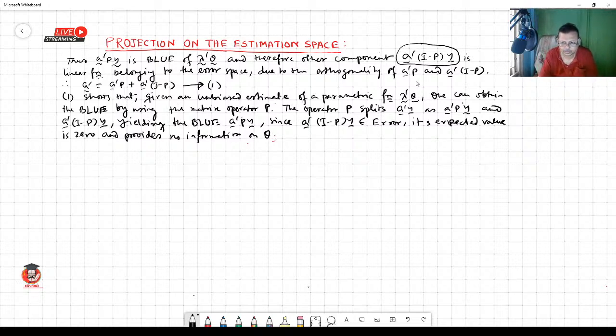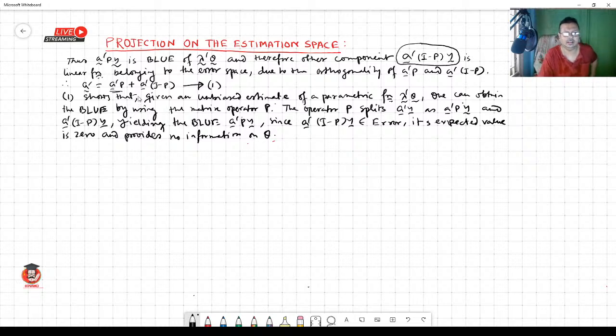So actually I start with any unbiased estimator of λ'θ, A'y, say, and I split this A' into two parts, that is A'P and A'(I−P), where P is an operator.